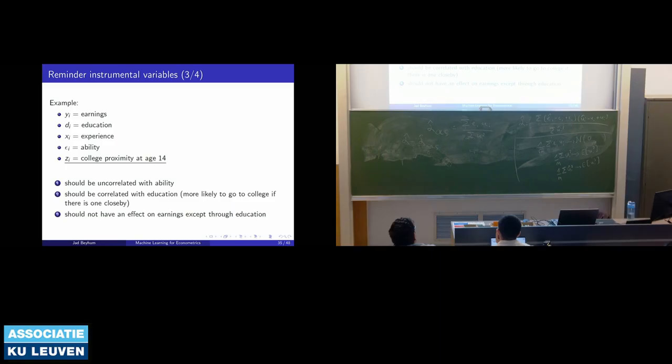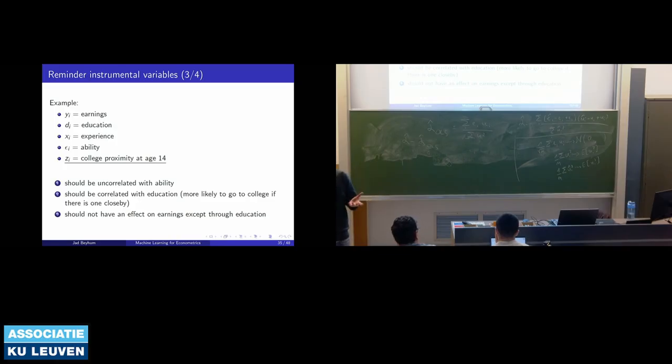The example that we had is college proximity at age 14, and the idea is as follows. The way the method works is I'm going to fix X, so here experience. I'm going to take people with the same level of experience, and I'm going to compare people with different levels of the instrumental variable. We call that an IV. People who grew up close to a college and people who didn't grow up close to a college, among people with the same level of experience.